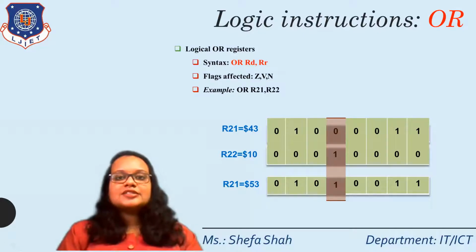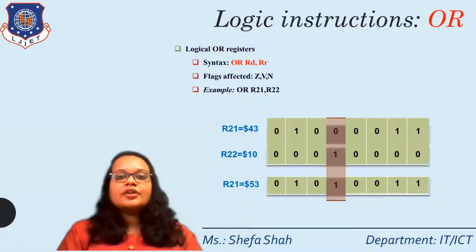So R21 has data 43H. So 43 can be represented as 0100 and 0011, and R22, that is 10H. So 1 is represented as 0001 and 0 is represented as 0000.